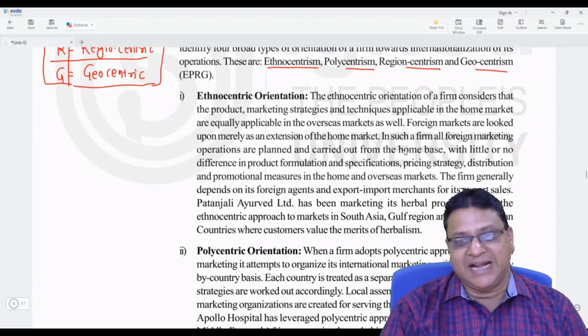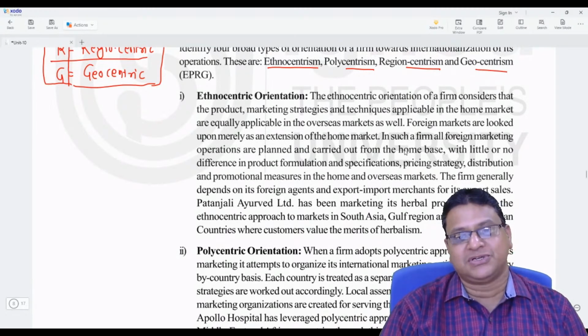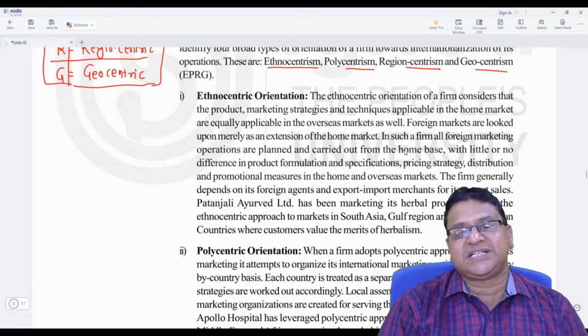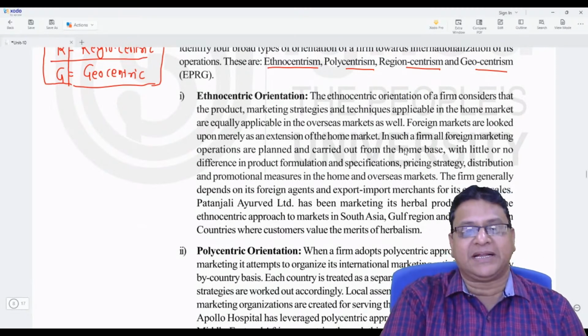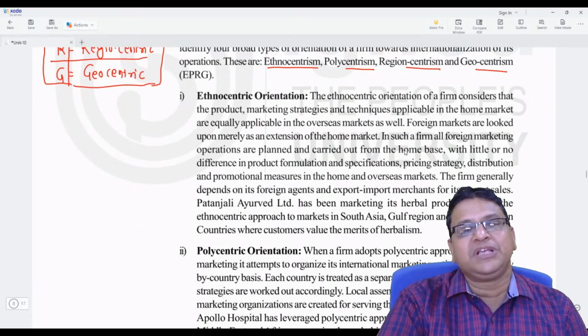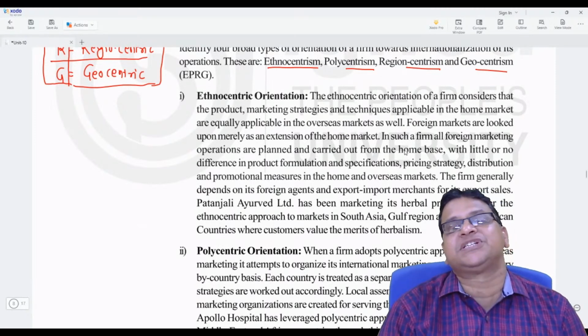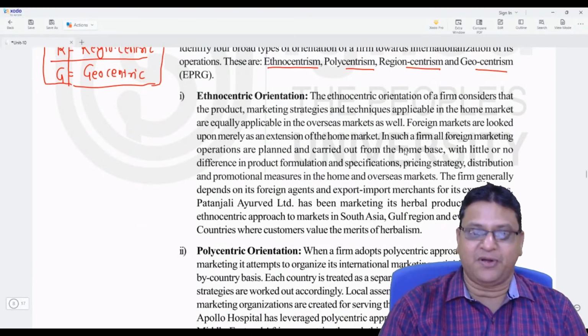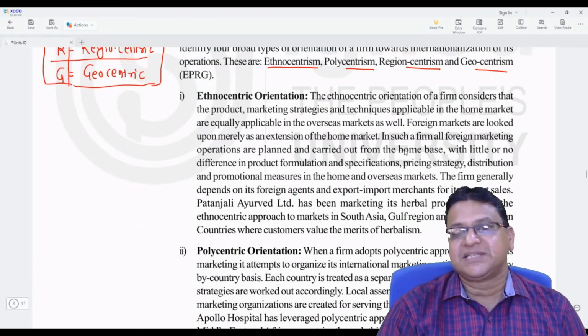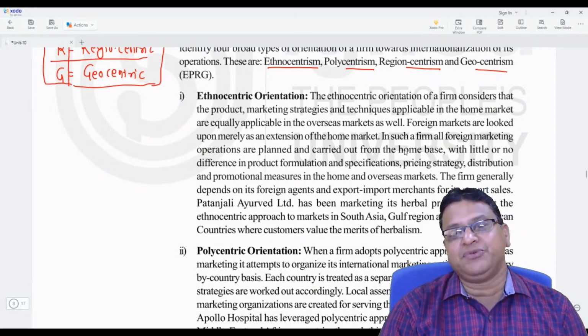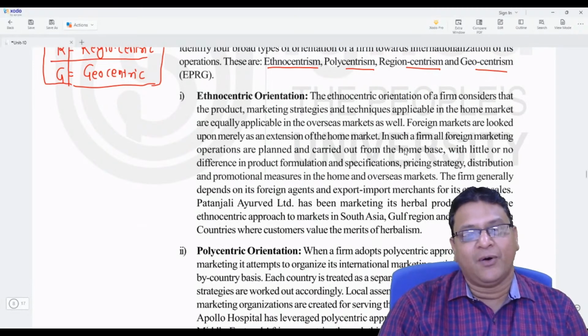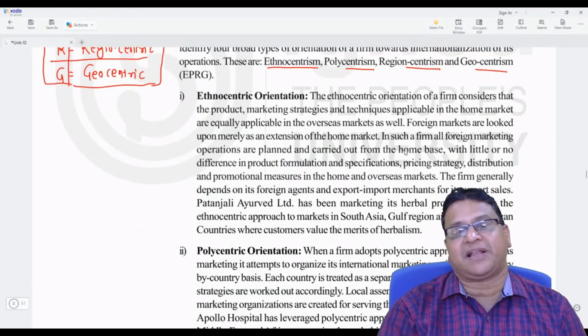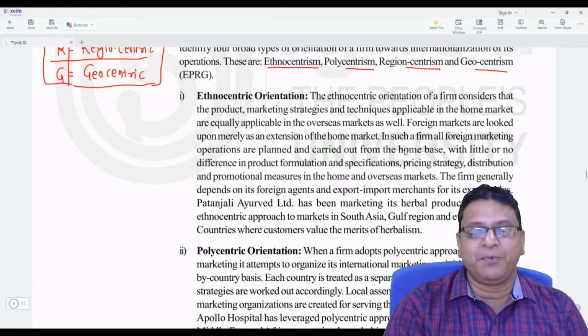They consider that the product, marketing strategy and techniques which they apply in the home market are also equally applicable in the overseas market. That means they apply the same product, same marketing strategy, same techniques which they use in the home market also in the overseas market. Let's take an example.